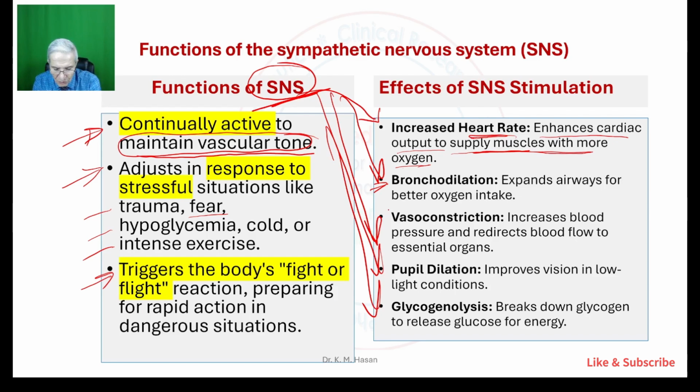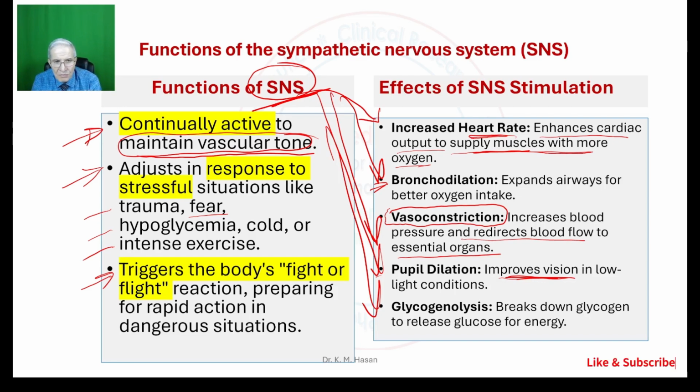What happens with the blood vessels here? During this stimulation, vasoconstriction will happen, increasing blood pressure and redirecting the blood to the essential organs such as muscles, brain, and heart. Pupil dilation improves vision. When you have fight or flight, we try to figure out what is happening around us, so we have pupil dilation.